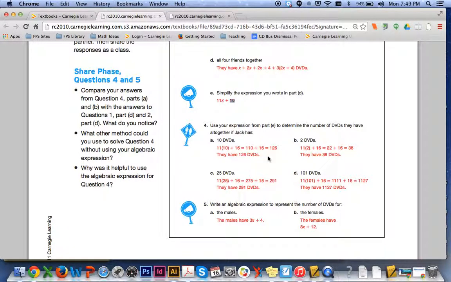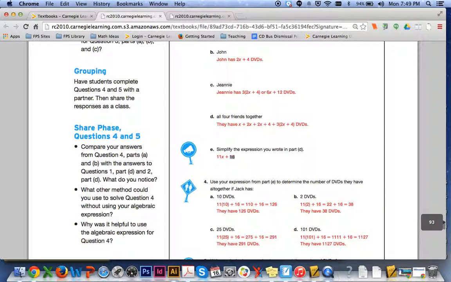So if we put 10 in for X, 11 multiplied by 10 would be 110, plus 16 would be 126. So if X equaled 10 DVDs, they'd have 126 DVDs. If X equaled 2 DVDs, there would be 11 multiplied by 2 plus 16, or 22 plus 16 DVDs, or 38 DVDs.